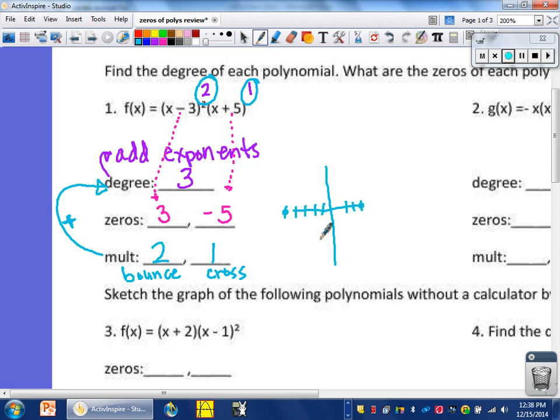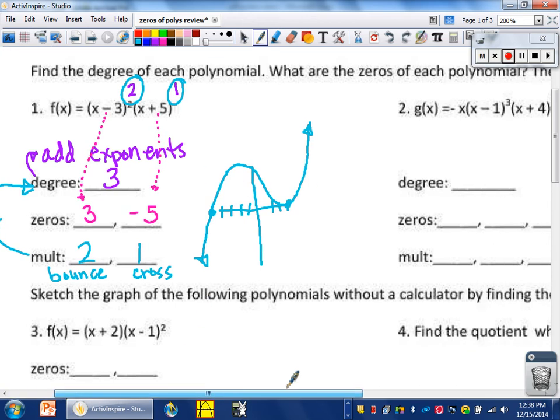Because this is a positive cubic, it will start going up like this. It will come back down to positive 3 and it will bounce. So this is what the multiplicity does. It tells you whether the graph crosses at the zero or bounces at the zero. Even multiplicities bounce, odd multiplicities cross. Okay, always, always, always.